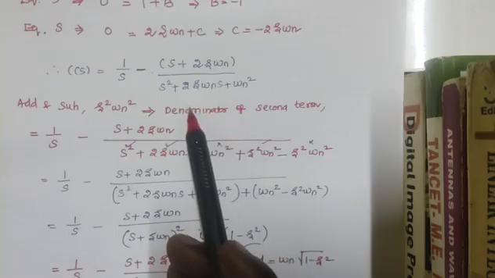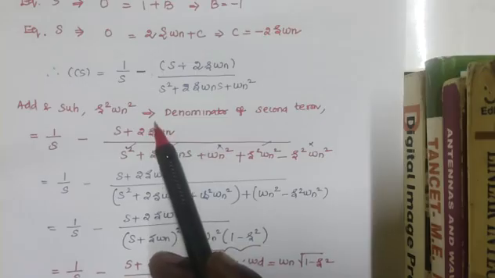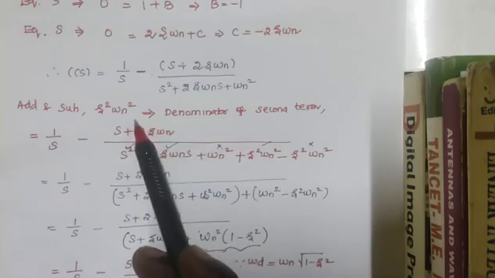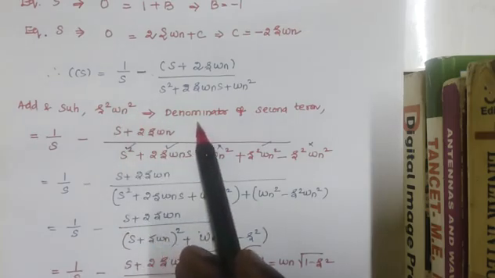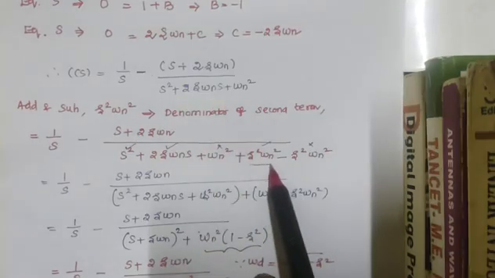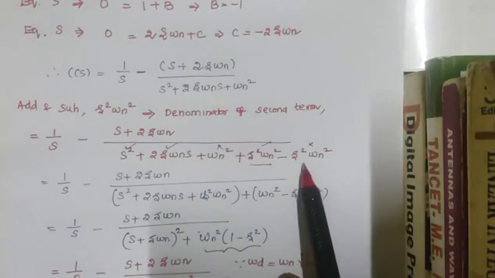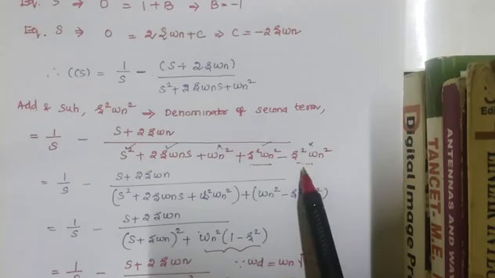Now we are doing some simple calculations here. What we are doing here is just adding and subtracting psi square omega n square to the denominator in the second term. So you are going to add psi square omega n square and subtract psi square omega n square.